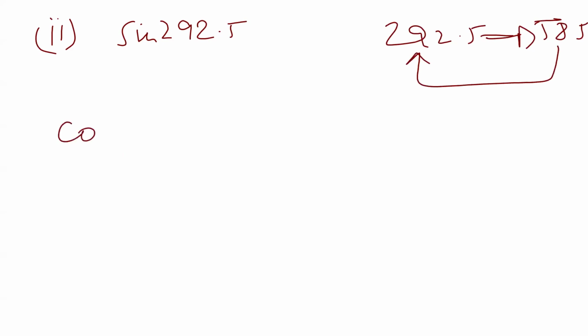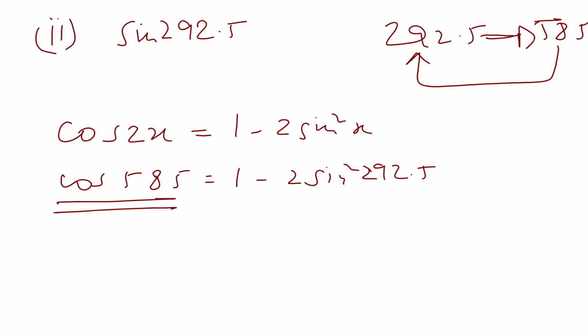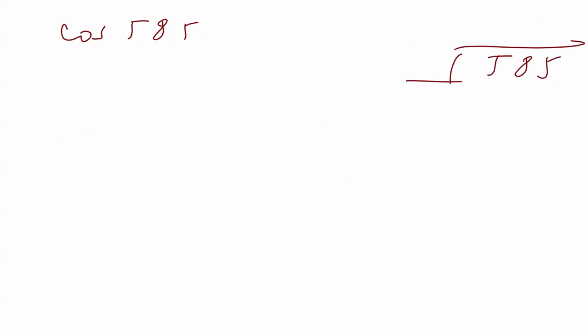Okay, now again, I'll go directly to the formula. Cos 2x is equal to 1 minus 2 sine square x. So cos 585 will be 1 minus 2 sine square of the half of 585, which is 292.5. Now this value you can calculate using the divide by 90 method. Cos 585, 585 divided by 90, 9 6 are 54, so the remainder is 45.